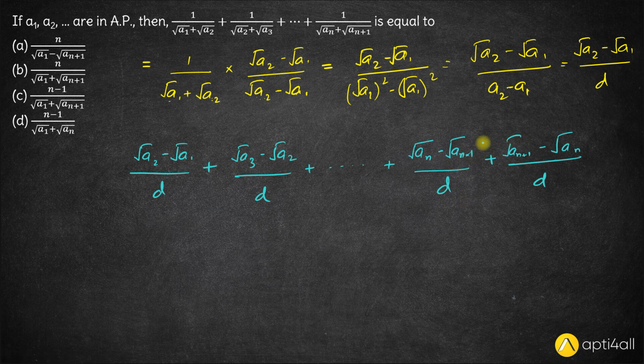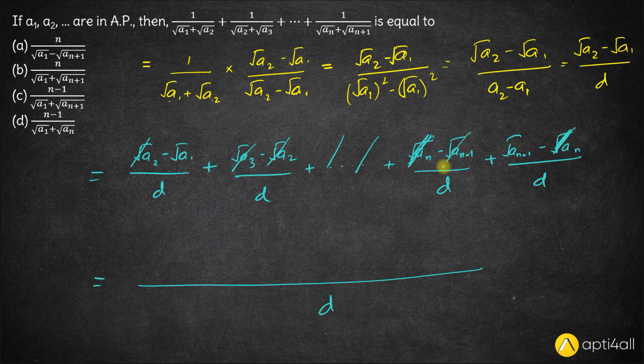So this whole thing simplifies, and once you take the common denominator d and add all the numerators, plus root a2 minus root a2 cancels out, plus root a3 minus root a3 cancels out, and so on till plus root an minus root an cancels out.